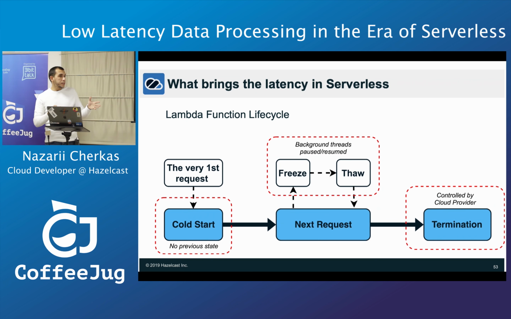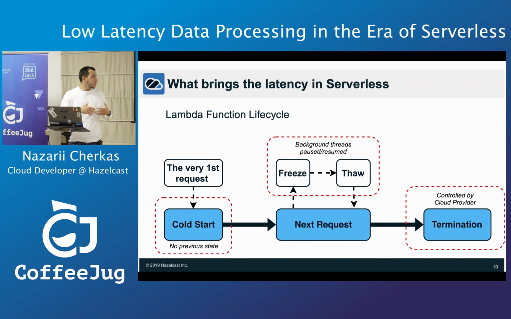As you can see, there are certain points which can bring latency in our case. For sure, it's the cold start, which brings most of the latency and slowness. It's also the Lambda function state transition, because we cannot afford anymore to do health checking, to check for topology changes in the database cluster that we connect to, or to check API liveness.